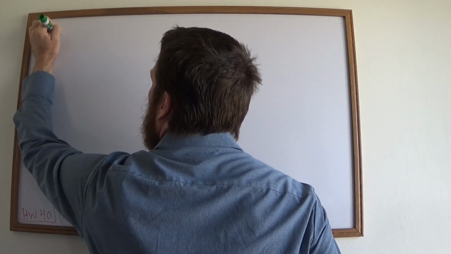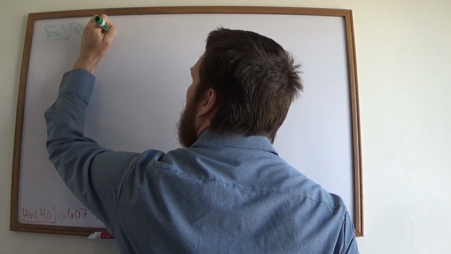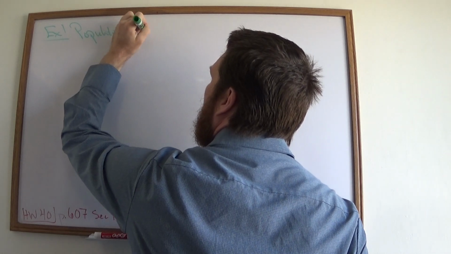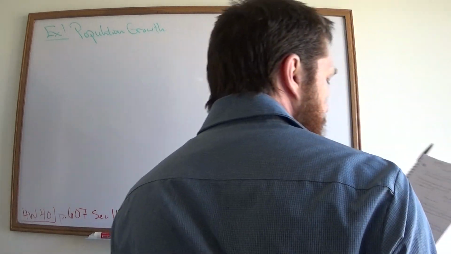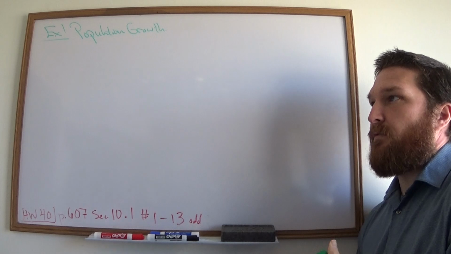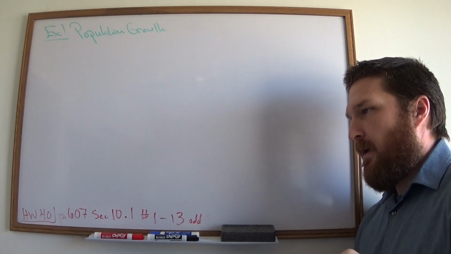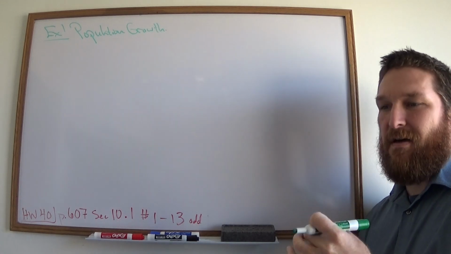Here's an example: population growth. Now, as with any model, we have to make assumptions, and we usually make these assumptions to simplify things.